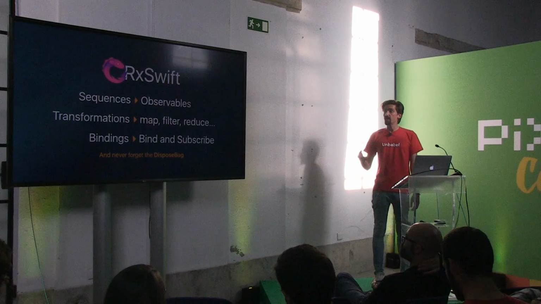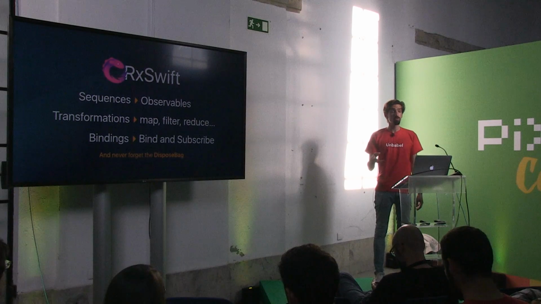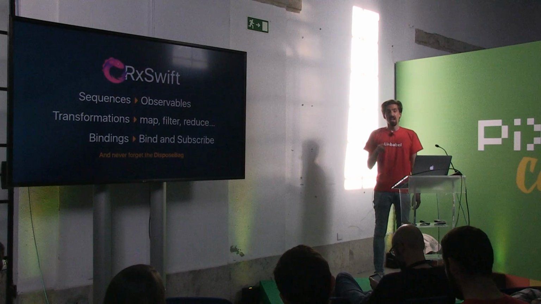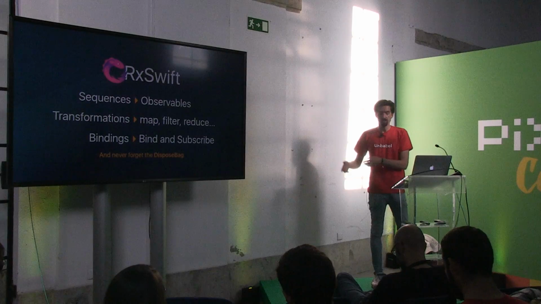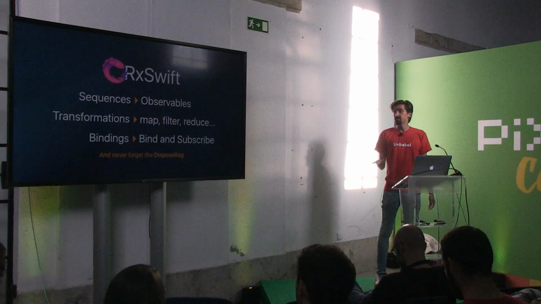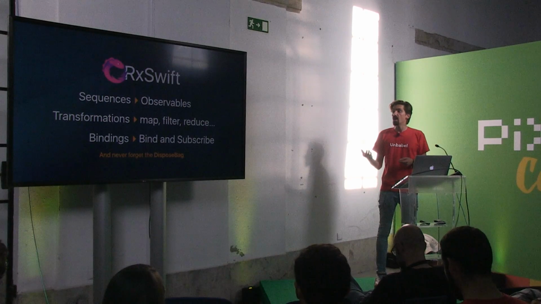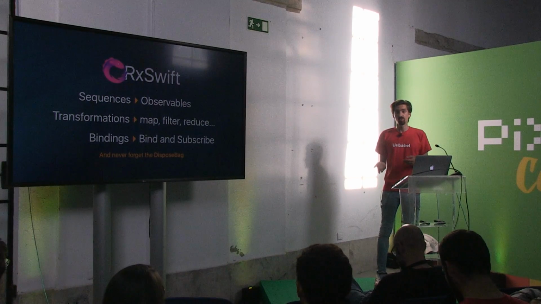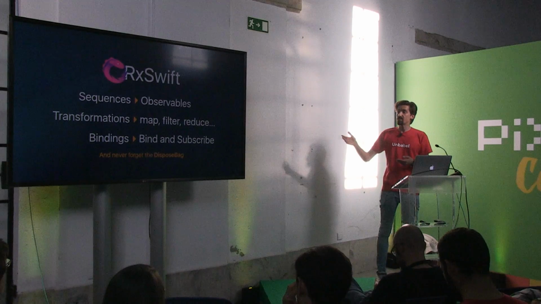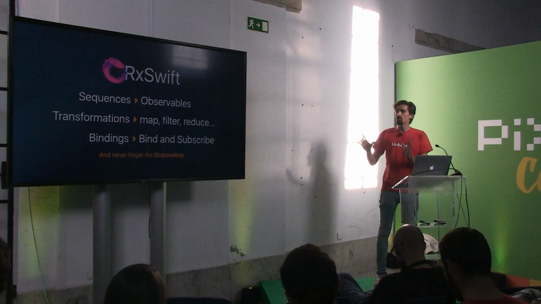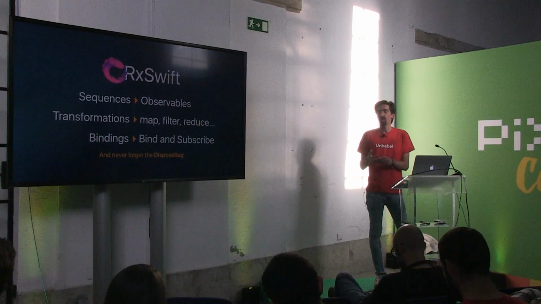You can also create your own transformation methods as long as they return an observable type. And bindings are bindings to certain objects in the code, or subscriptions to some events, and you don't have to do anything more about it.